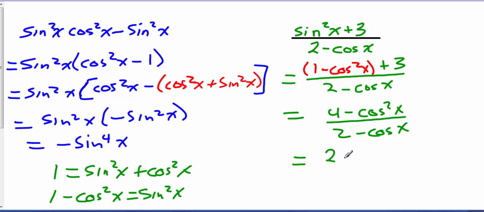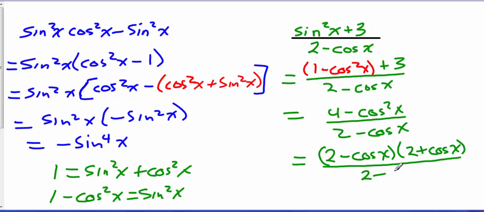Here I can do a difference of squares, and it's 2 minus cos and 2 plus cos. That's how difference of squares works, divided by the 2 minus cos, and you can see, last step, this and this divide, and my simplified expression is now 2 plus cos x. Okay, so stopping there.